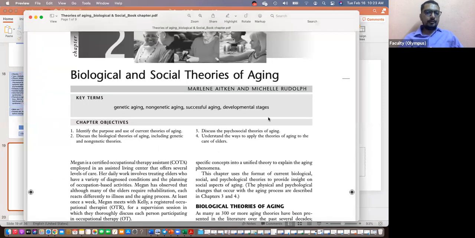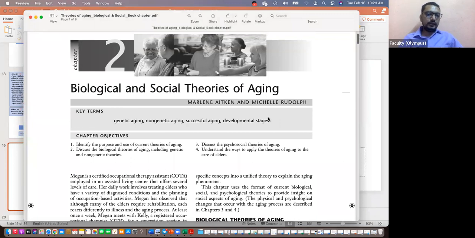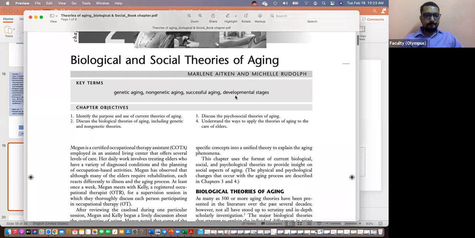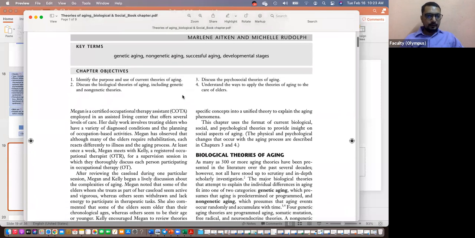Okay, this is a book chapter that nicely fits the requirement of the class: Biological and social theories of aging. The purpose of this chapter is to identify the current theories of aging and discuss biological theories of aging, both genetic and non-genetic theories.